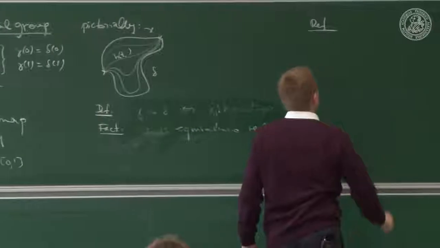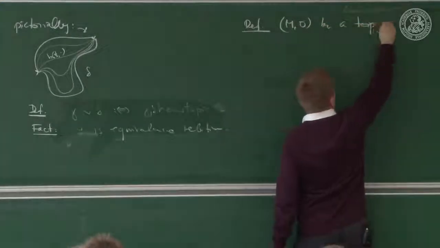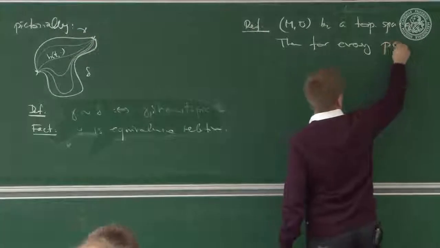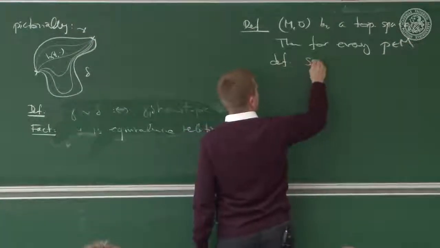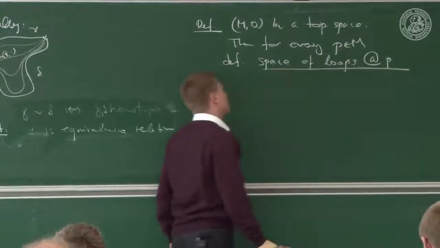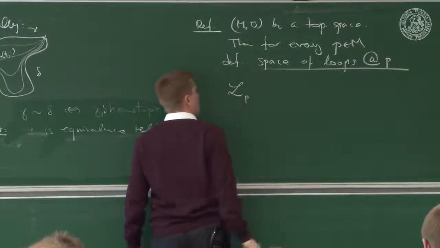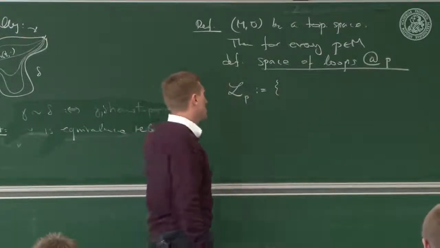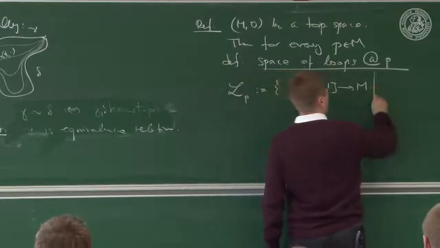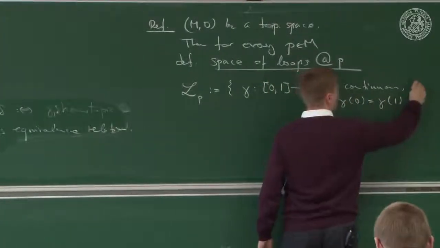And in order to do so, we first define another class of curves where we'll apply this, and that's the space of loops. Definition. Let M be a topological space. Then for every P in M, we define the space of loops at the point P as, call this curly L, the loops at the point P, and those are all the continuous curves gamma from 0 to 1 into M, but where also the starting point coincides with the end point.